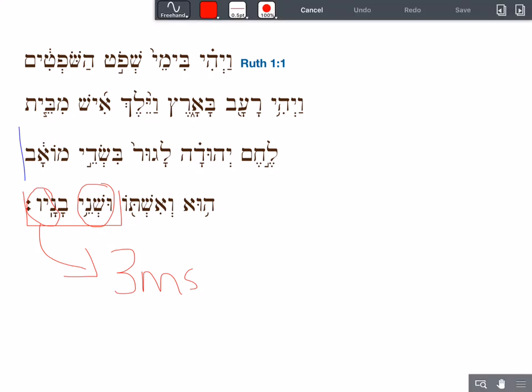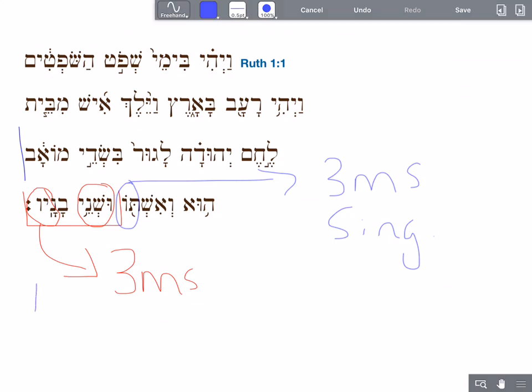Here we go. If we look at this 3ms suffix, it's singular. He has one wife, so you get the singular 3ms suffix, his wife. And over here on sons, it's his sons, so you get the plural 3ms suffix.